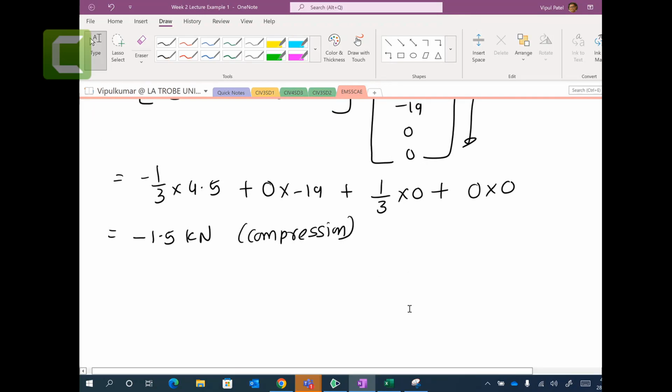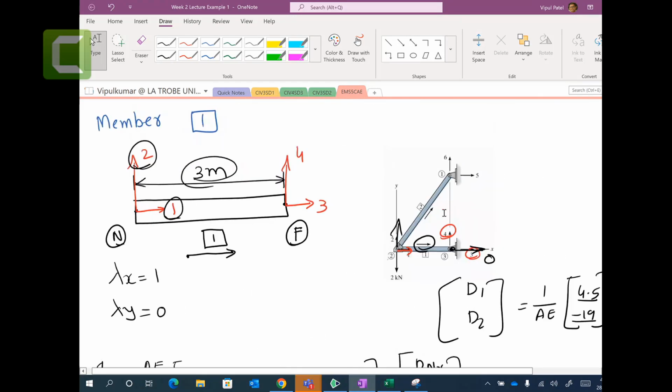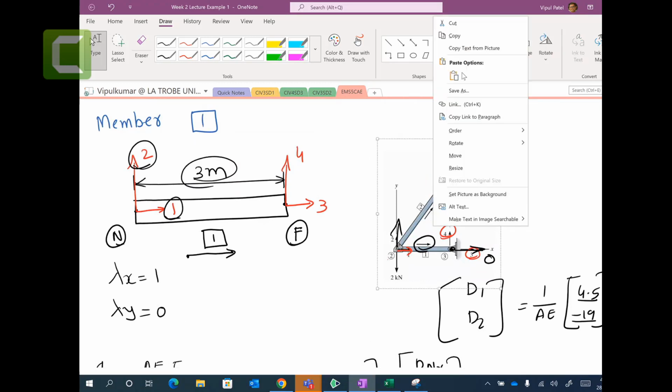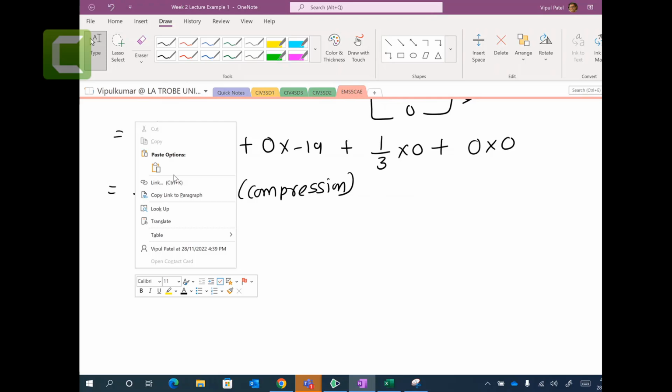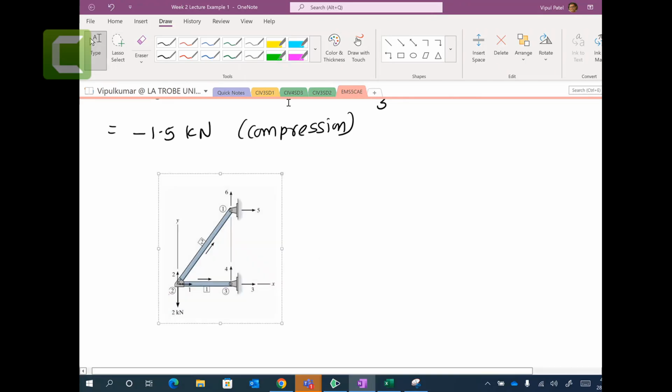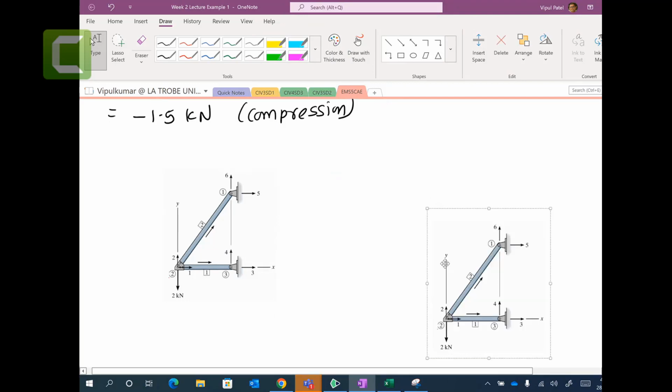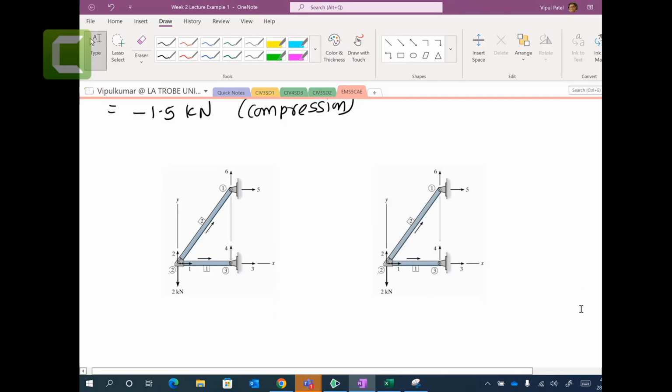And if I want you to find out how you are going to draw it, let me put it. Here you go. And let me put it one more. Okay. Now we have a 1.5 kilonewton reaction force going this way. 1.5 kilonewton going this way.